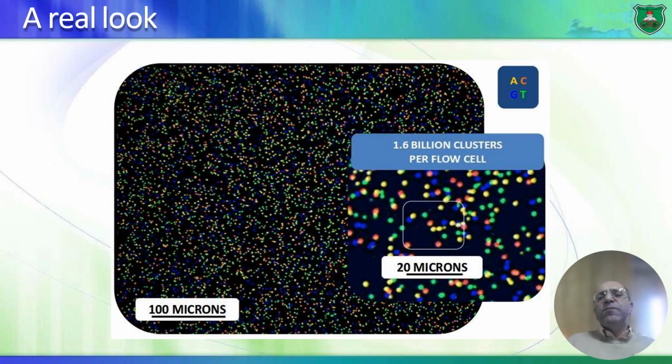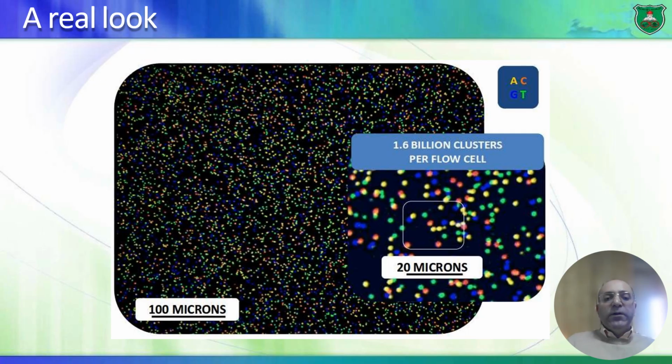We're talking about enzymatic activity, and we're talking about millions of clusters. The camera takes a picture of all of these colors, and it can distinguish the different clusters from each other. So it reads the different colors coming out of all clusters. It's like fireworks.